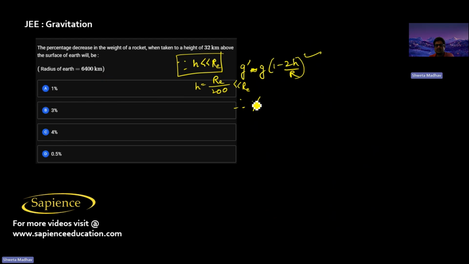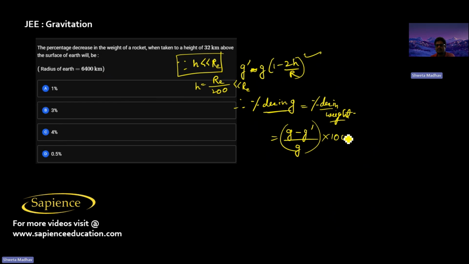Therefore, the percentage decrease in the value of g is the same as the percentage decrease in the weight, since weight is equal to mg, mass will not change, only g will change. The percentage decrease in g will be equal to g minus g dash by g into 100%.